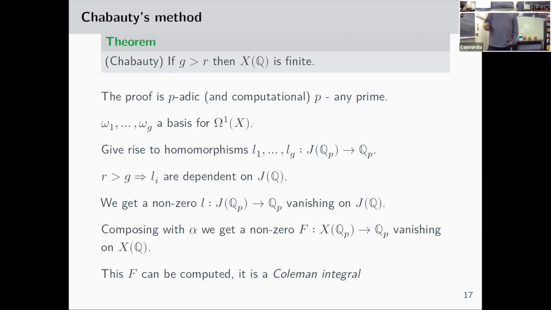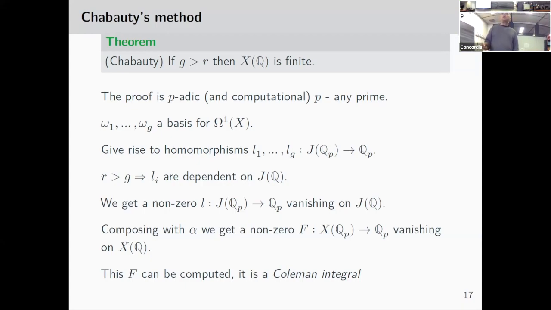But the proof is actually extremely simple, in principle. So you pick a basis, as we said, of the g elements of the holomorphic differentials, and one knows that you get homomorphisms of the Q_p points of the Jacobian to Q_p, which are integrals of these omega_i's.